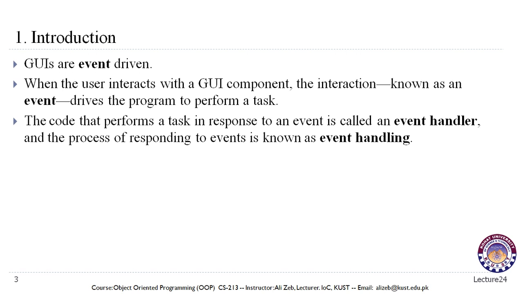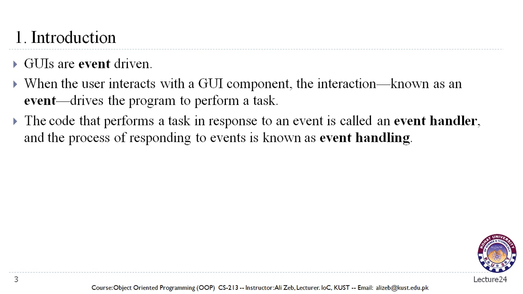The code that performs a task in response to an event is called an event handler, and the process of responding to events is known as event handling. So whenever we add objects to our GUI form, like buttons or labels or text fields, those objects will be performing some function.